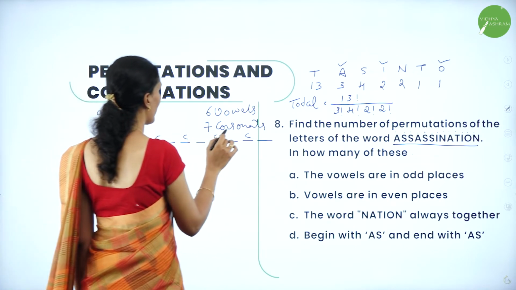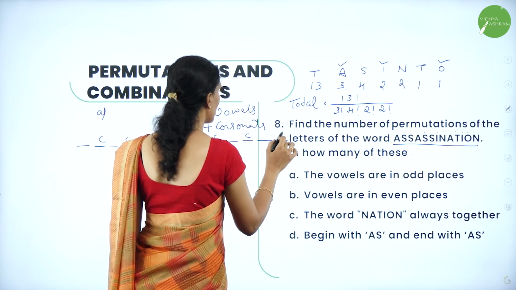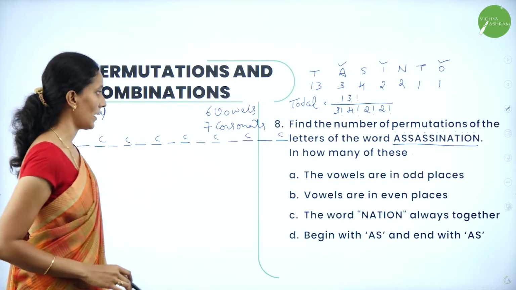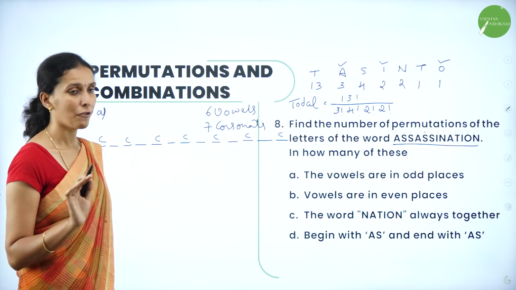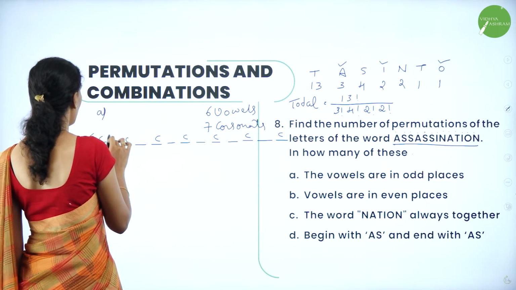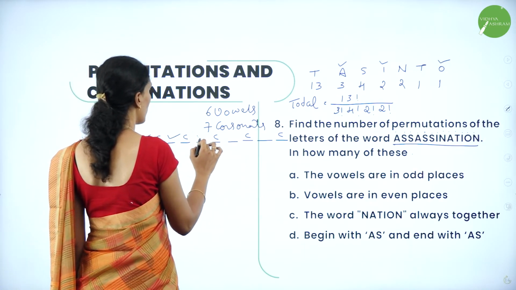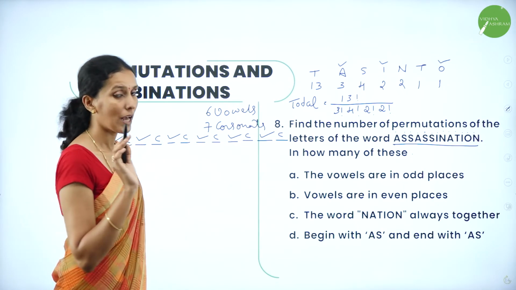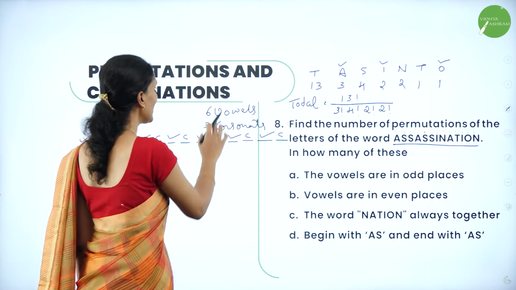1, 2, 3, 4, 5, 6, 7. So 7 consonants we have. They are filled in even places. How many places do we have for the vowels? We have 1, 2, 3, 4, 5, 6, 7. 7 places we have for the vowels. But how many vowels do I have? I have only 6 vowels.